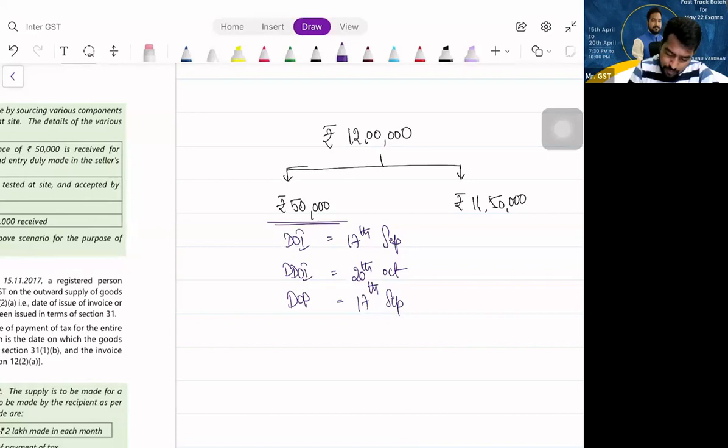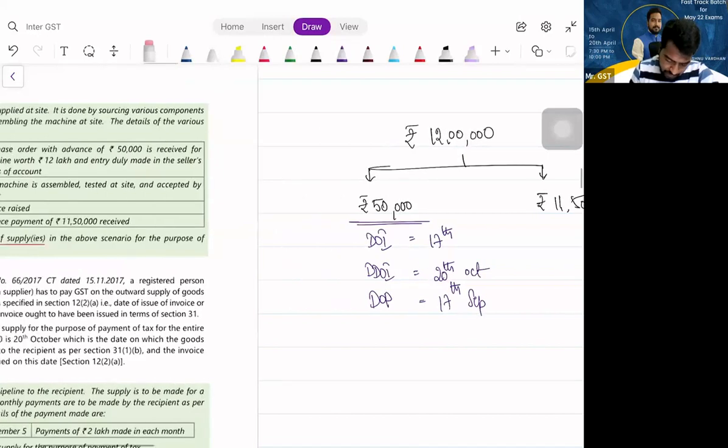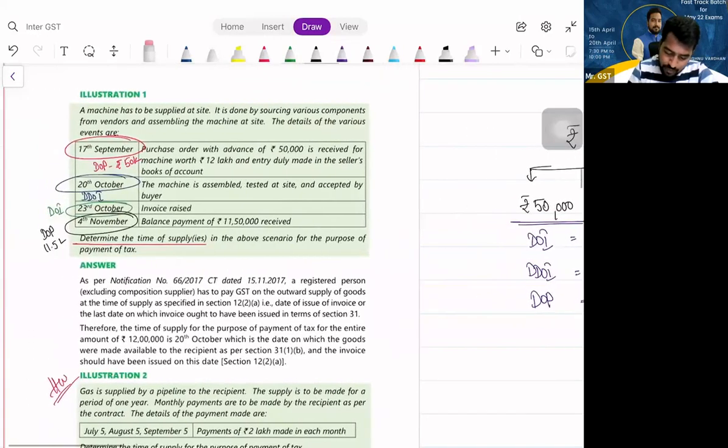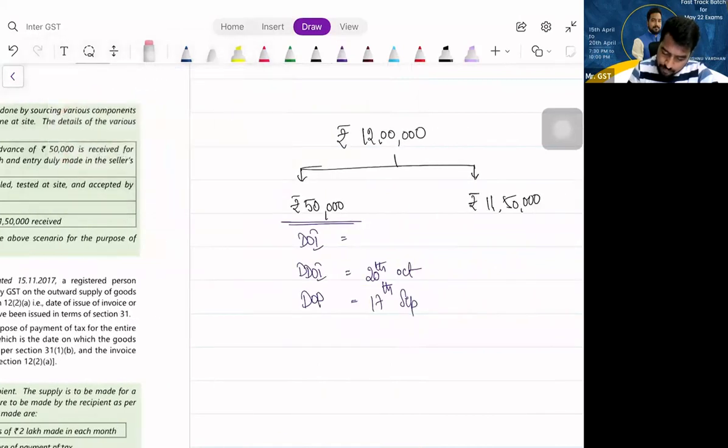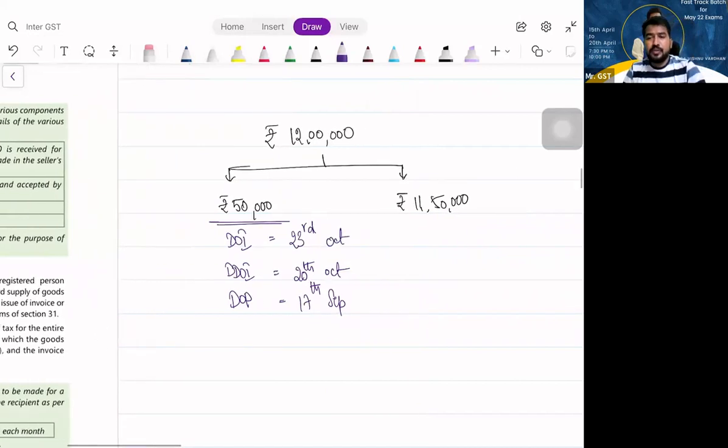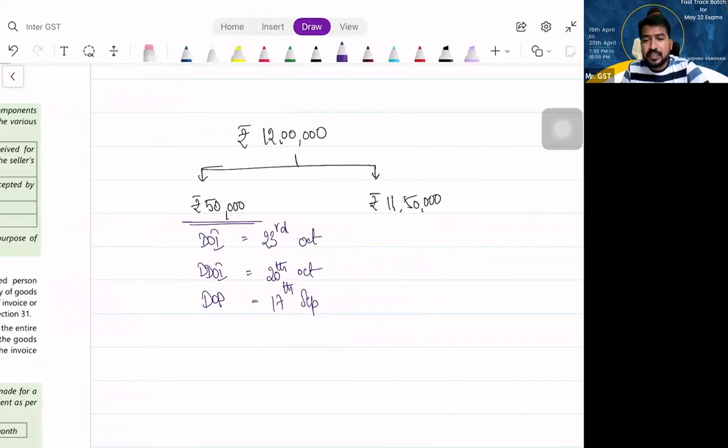Due date of invoice is 20th October. What is the date of invoice? 23rd October. Correct. Which is earlier here?